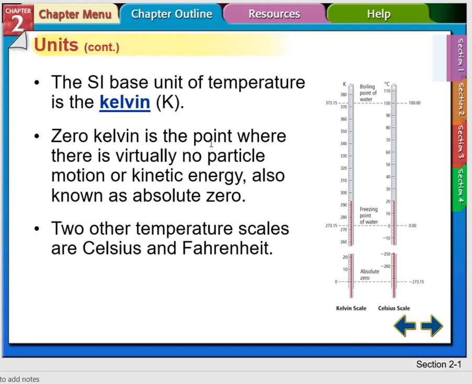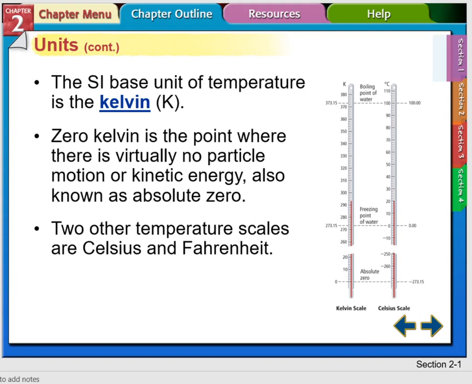So they took the Celsius scale, the centigrade scale, and they liked that. They basically said we want 100 even increments between boiling of water and freezing of water. So 0 Celsius is freezing, 100 Celsius is boiling, and they divided that into 100 even increments to know how big 1 degree centigrade is.